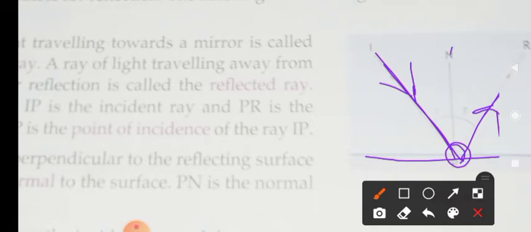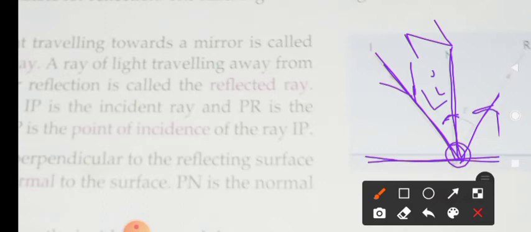A perpendicular line drawn to the surface is called the normal. The angle between the incident ray and the normal is called the angle of incidence. And the angle between the reflected ray and the normal is called the angle of reflection, indicated by small letter r.